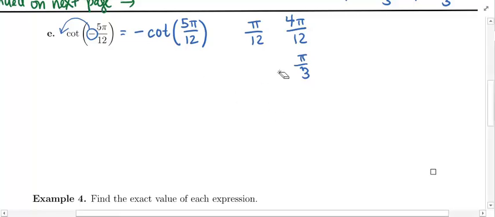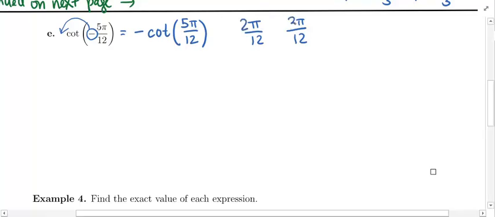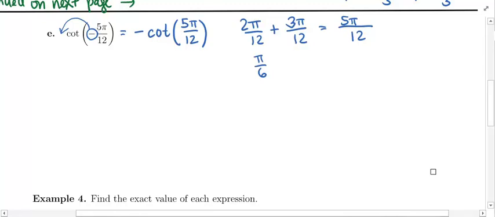So let's try another combination here. Let's just bump it up. Let's do 2 pi and 3 pi. If you add these, you have a common denominator that would stay 12. 2 pi plus 3 pi is going to give you the 5 pi over 12. And when you reduce this, 2 pi over 12 is pi over 6. That's on the unit circle. 3 pi over 12 reduces to pi over 4.